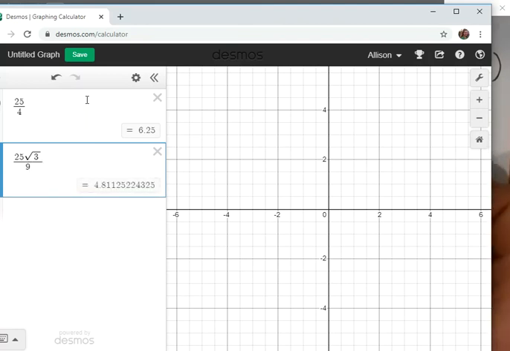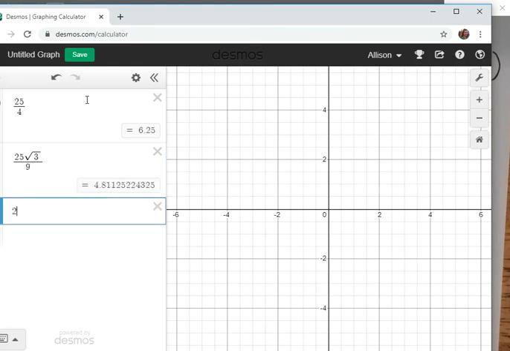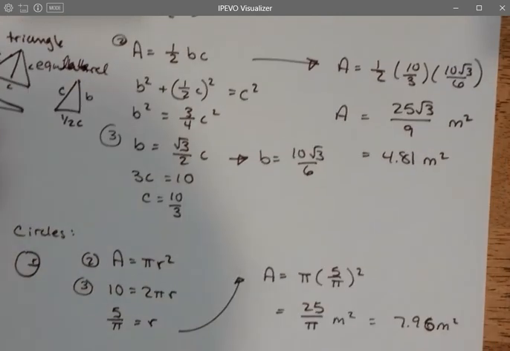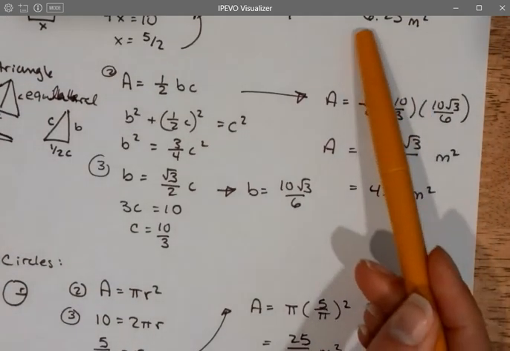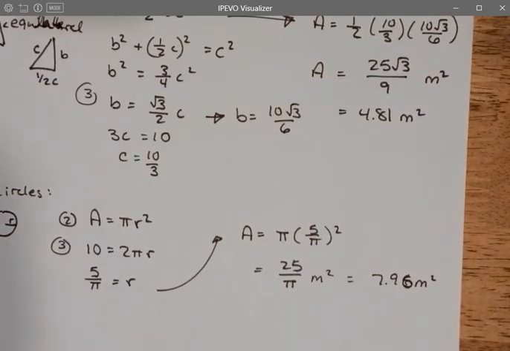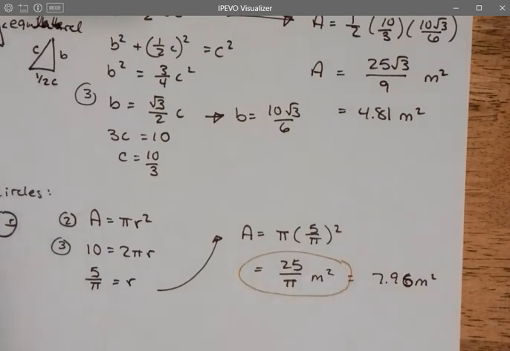That is 4.81 square meters. And for our circle, we said it was going to be 25 divided by pi square meters, so that's about 7.95, or 7.96 actually, square meters. All right, so back over to the paper. Out of the three shapes that we've so far considered, squares, triangles, and circles, so far at least the circles have had the largest area.